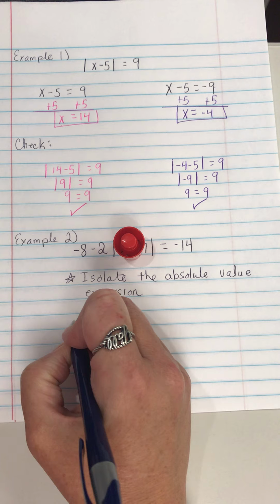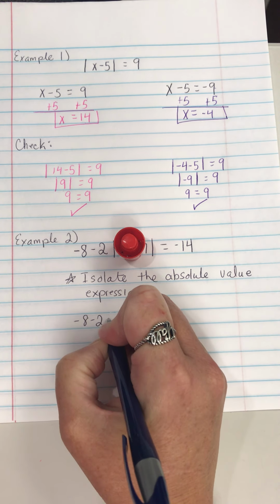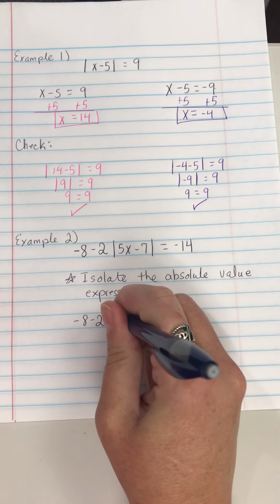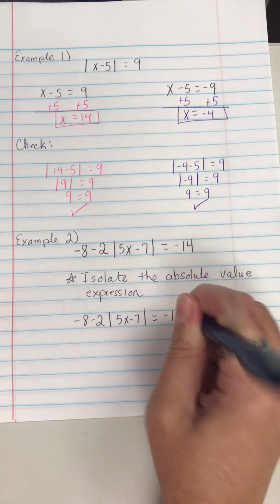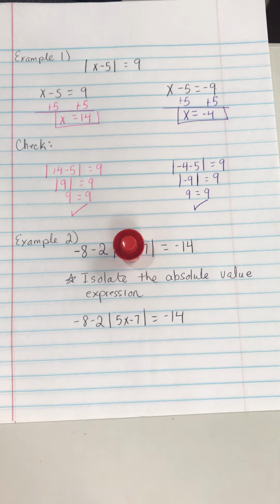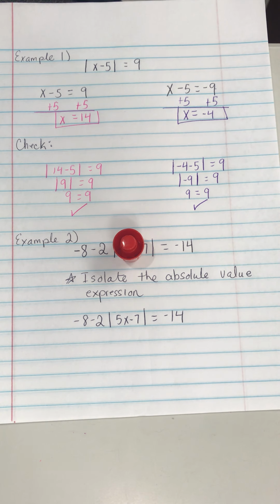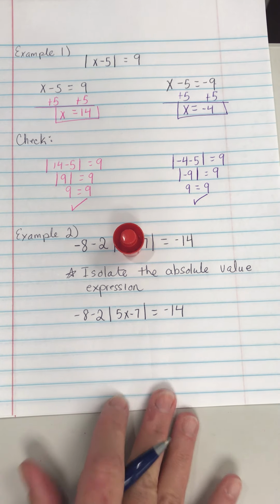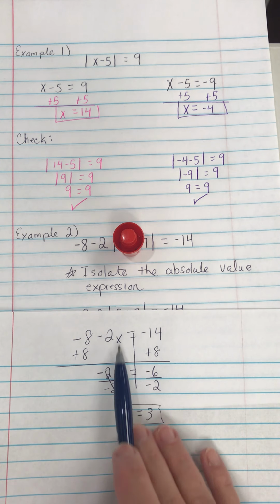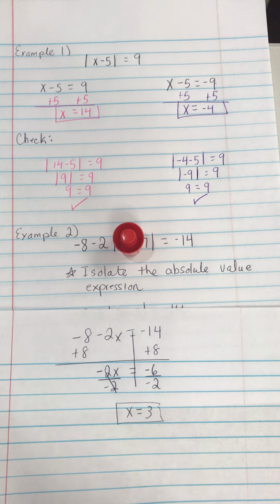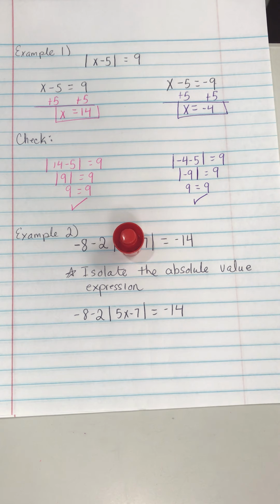So I have negative 8 minus 2, absolute value, 5x minus 7 equals negative 14. Now remember, you're thinking that absolute value is still a variable. So what was the first step we did here? Well, if we think the absolute value is a variable, we get rid of our 8 first. That's what we're going to do.